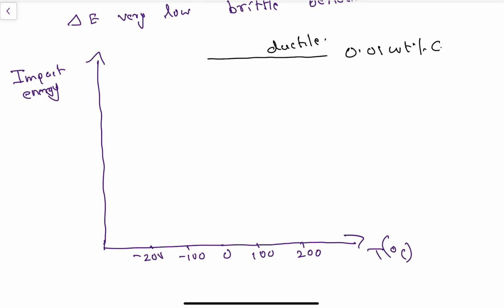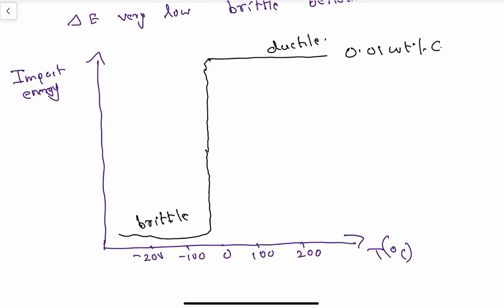That means for temperatures up to around 0, after some temperature, this steel has a transition from ductile to brittle behavior. So the transition is sudden. You can see that below that temperature, somewhere between minus 75 and minus 30 degrees Celsius, this ductile to brittle transition.